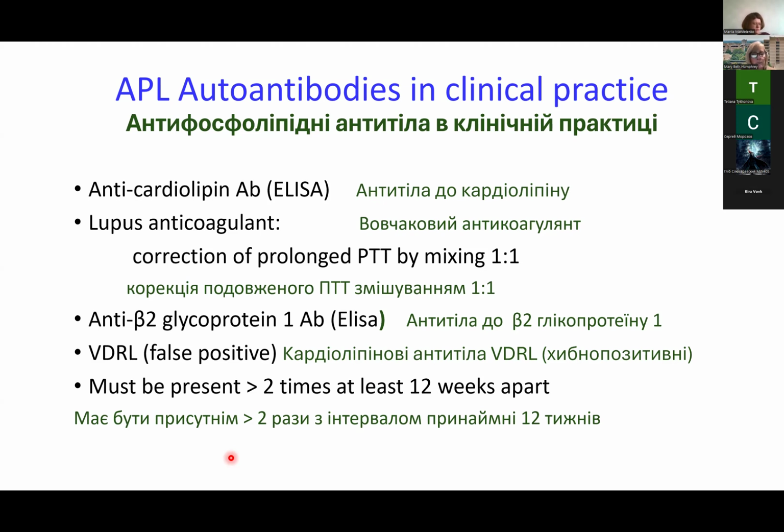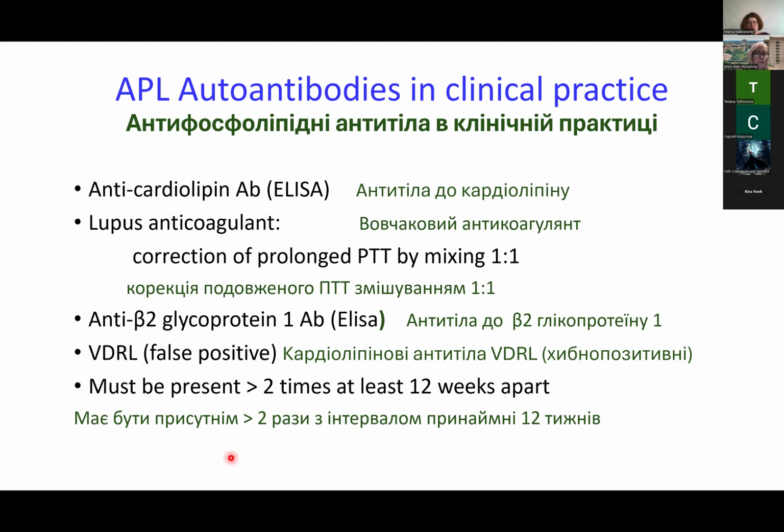So it's a misnomer. And if there's a prolonged PTT, you can order the lupus anticoagulant, and the lab will do a mixing study where they'll take the patient's serum and add in some normal serum, and they'll look to see, does it correct the PTT, and if it doesn't correct, then that means that there is a lupus anticoagulant.